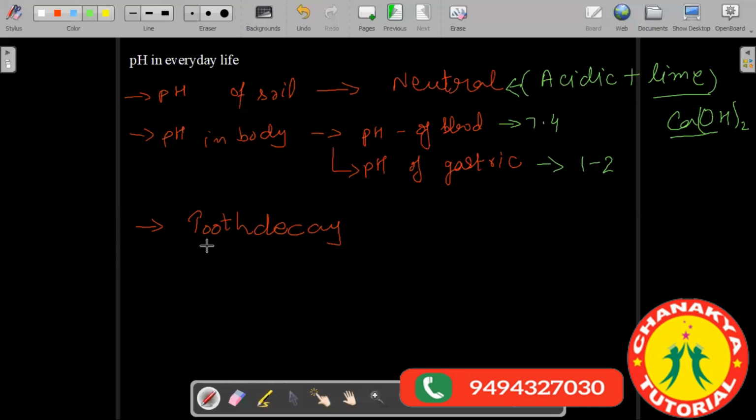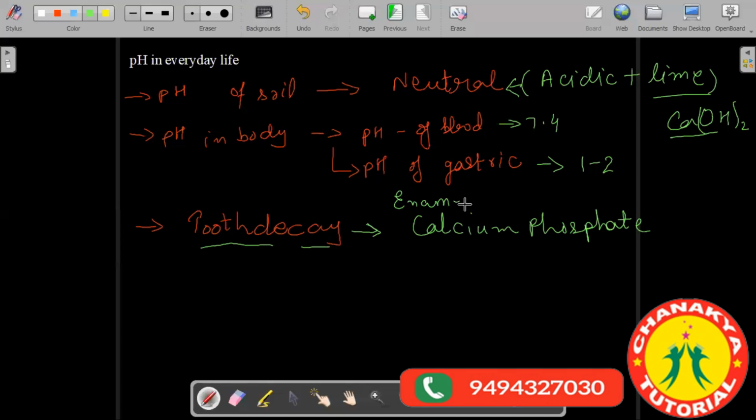Then about the tooth decay. Our teeth are made up of calcium phosphate. When we are talking of tooth decay, we are mainly discussing the enamel part.